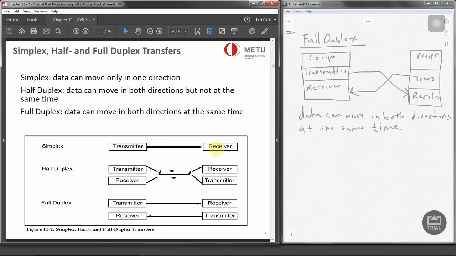So the printer is a simplex communication channel that is used because we are just transferring something to the printer. But nowadays it's a more advanced version of it because the printer also sends some acknowledgement signals as well. So the half duplex is one line, and the full duplex we have got two lines so that we can transmit data in both directions at the same time.